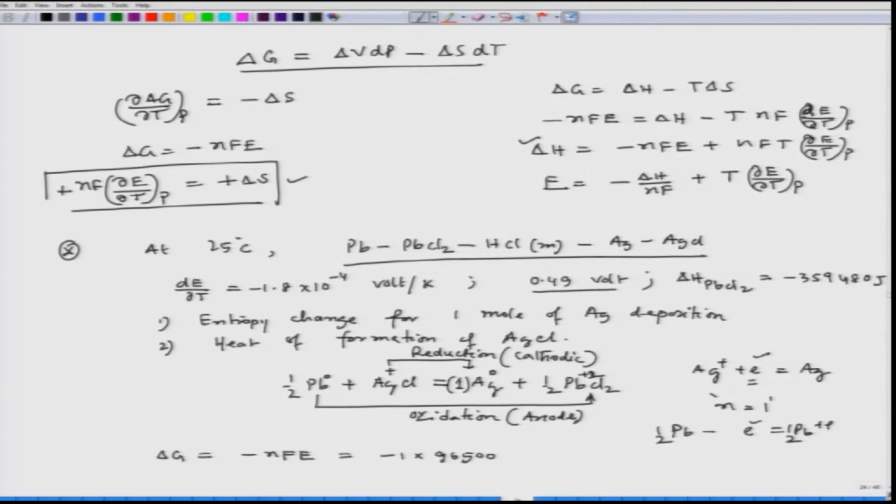So, roughly it is considered as 96500 coulomb, 1 Faraday, into this much volt, which is equal to minus 47285 joule. So, this much is basically my free energy change.